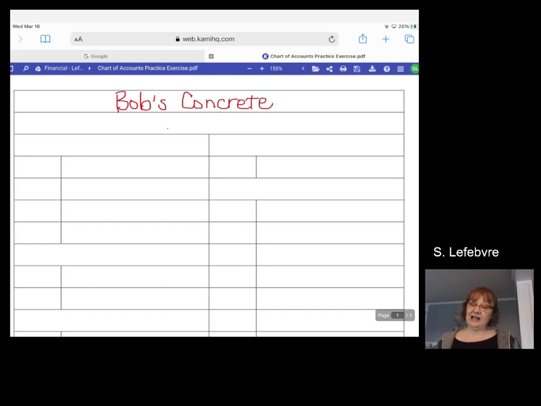On the second line of any accounting form is always the name of your form. So in this case, it's going to be chart of accounts. Now, what you might remember is that on the third line is a date.